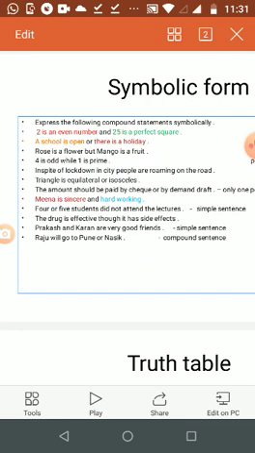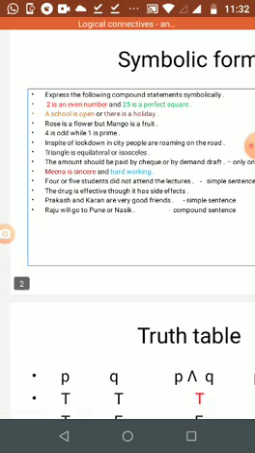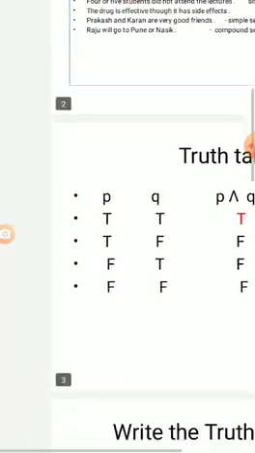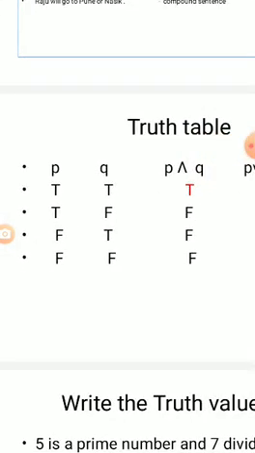These two logical connectives can be used like this: P or Q, or P and Q. P and Q is conjunction and the other is disjunction.